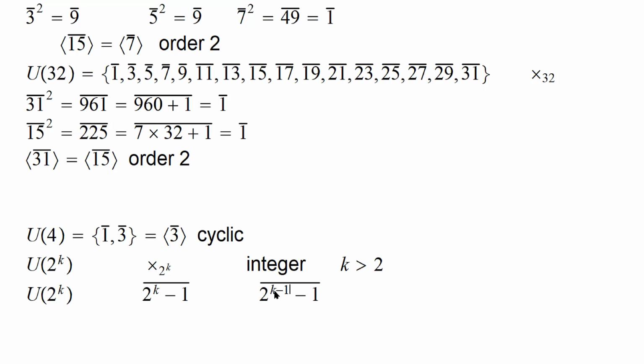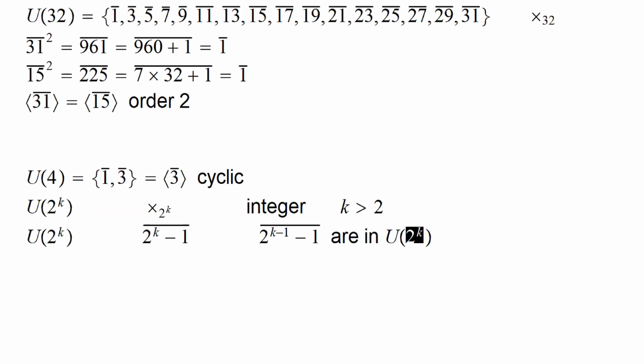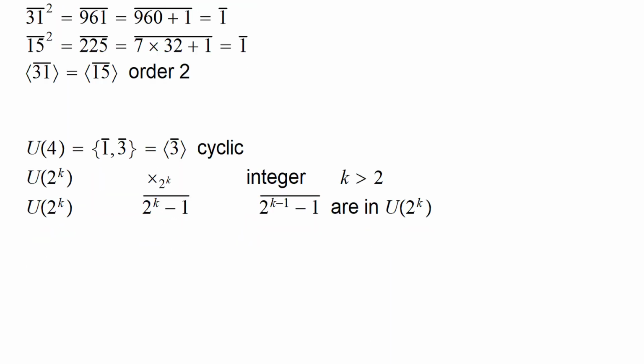So both these guys are in U2K, right? Because both of them are odd, so they will be relatively prime with this even number 2 to the k.